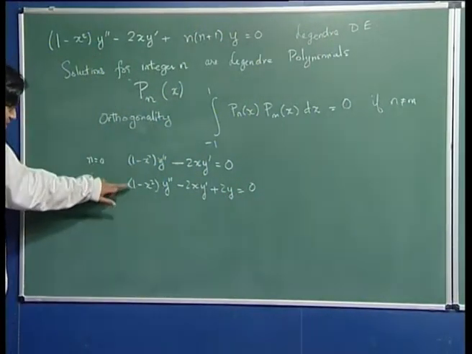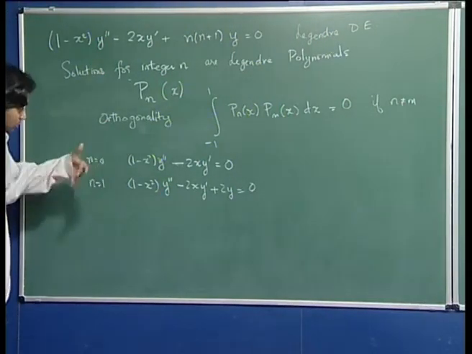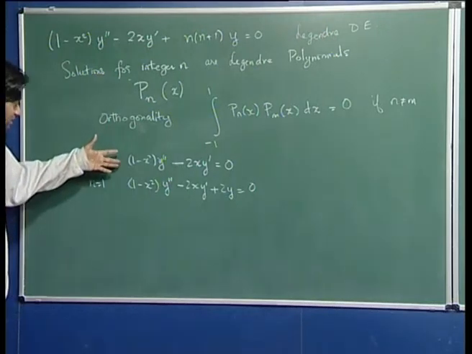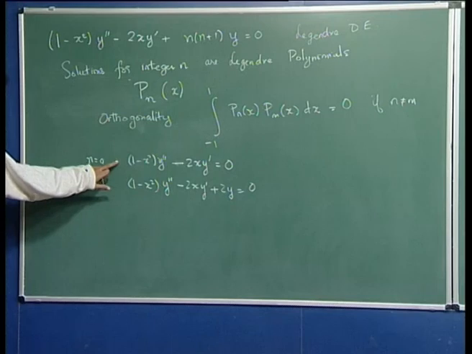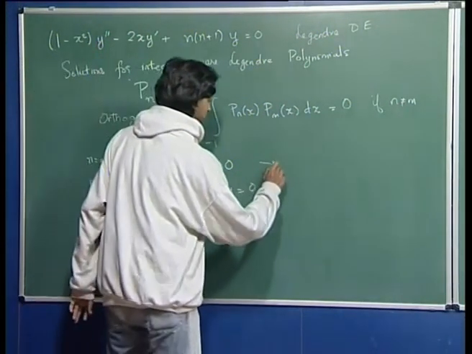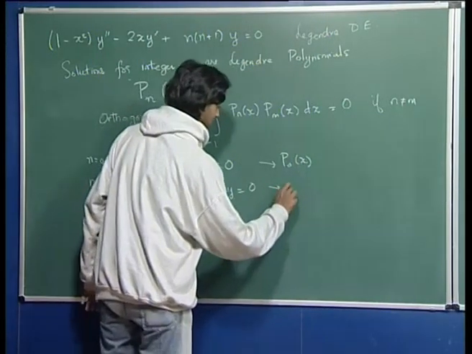So, we notice that these two are different differential equations. They are both homogeneous equations, and the nature of the solutions in both cases is different. The solution of the first is P_0(x), the solution of the second is P_1(x).